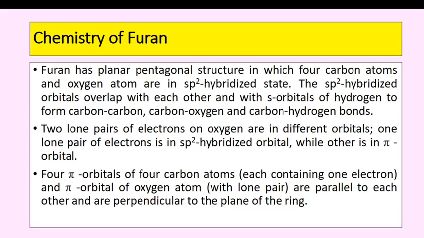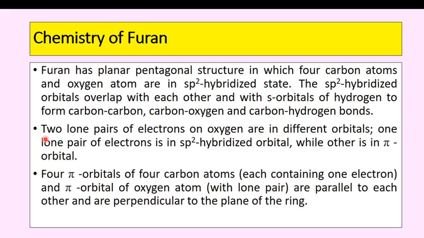Now furan has a planar pentagonal structure in which 4 carbon atoms and the oxygen atom are sp2 hybridized, with orbitals overlapping with each other and with s orbitals to form carbon-carbon, carbon-oxygen and carbon-hydrogen bonds. So these are the different bonds which are present.